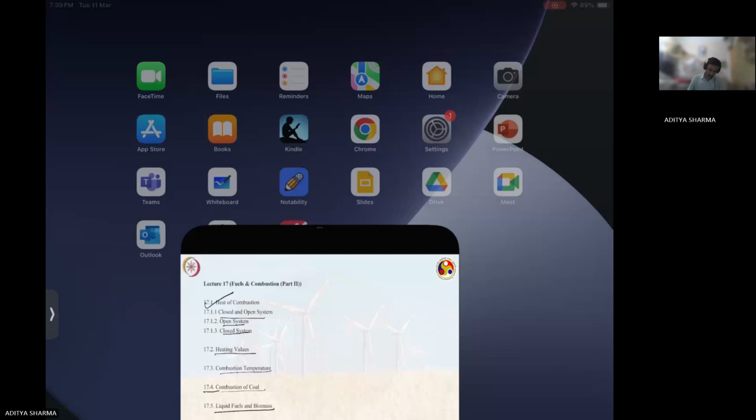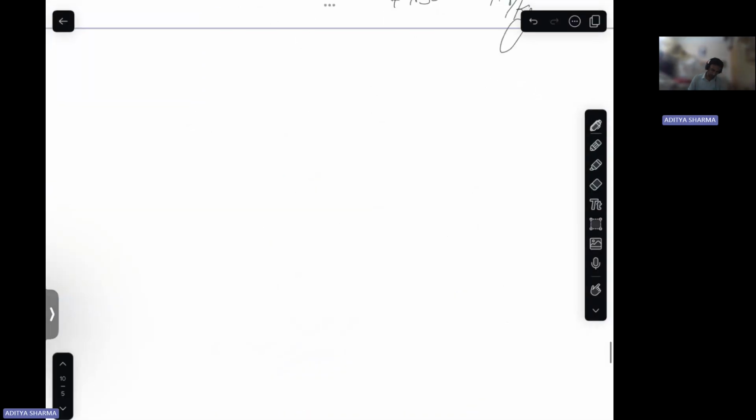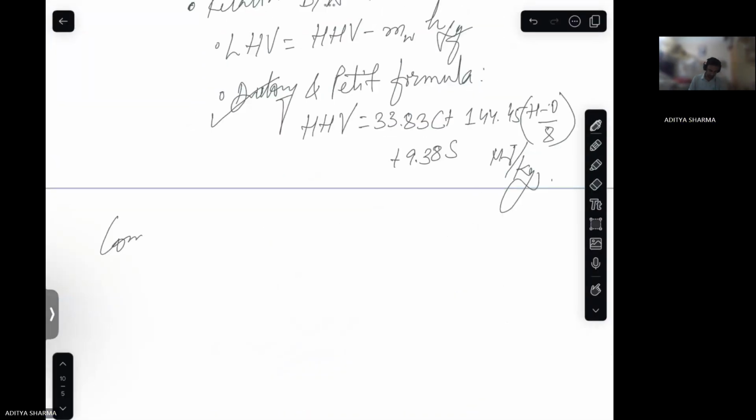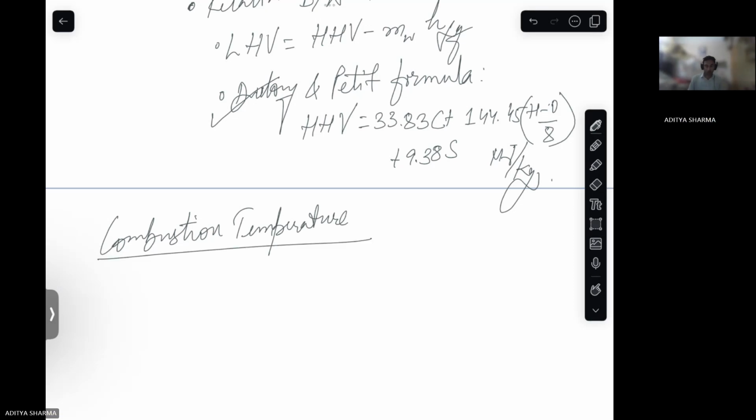Then the next heading is combustion temperatures. What happens to your combustion temperature when your mixture is lean? And what happens when your mixture is rich?